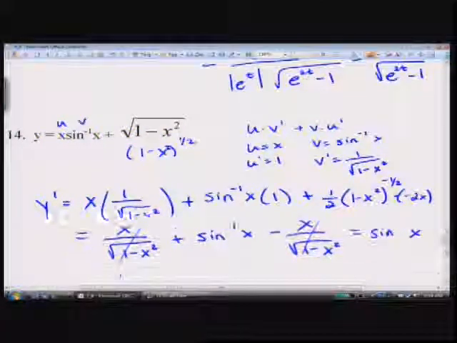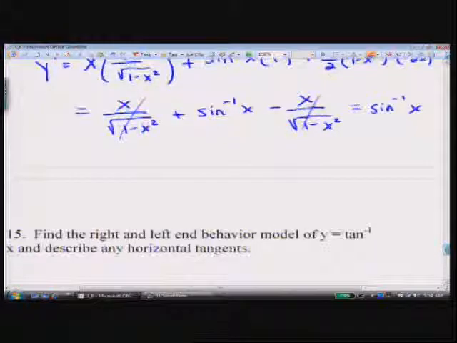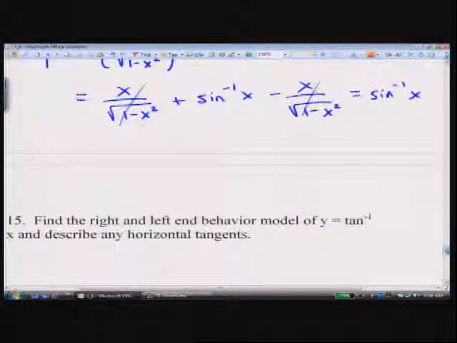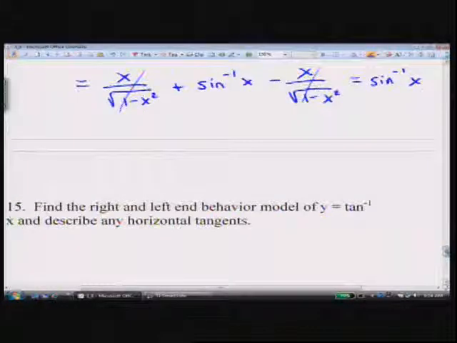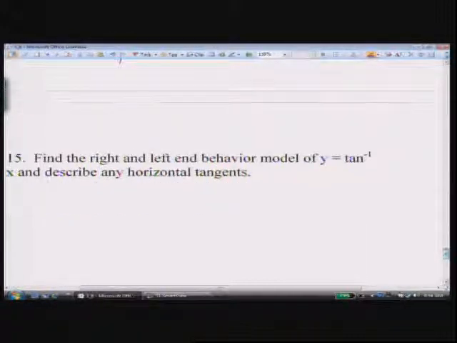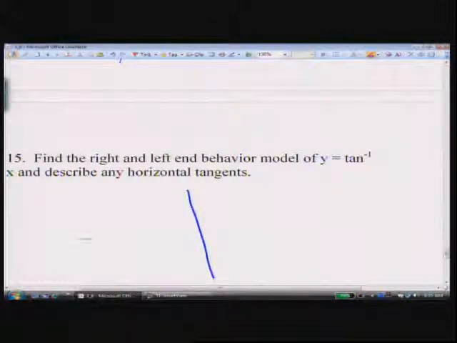Not B. All right, do we have a couple more? Find the right and left end behavior model of the inverse tangent of X and describe any horizontal tangents. They really just want you to recognize end behavior is horizontal asymptotes. And so I just want to bring to your attention, I want to talk about the inverse tangent again.